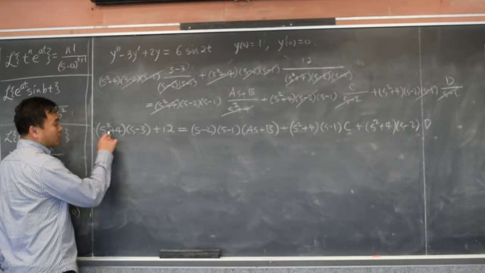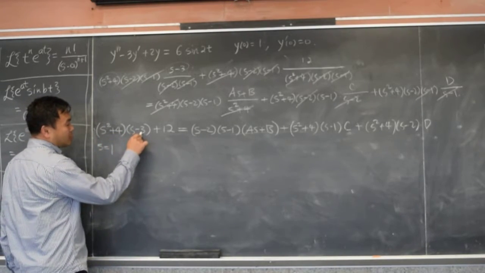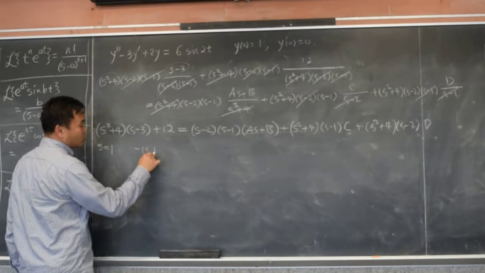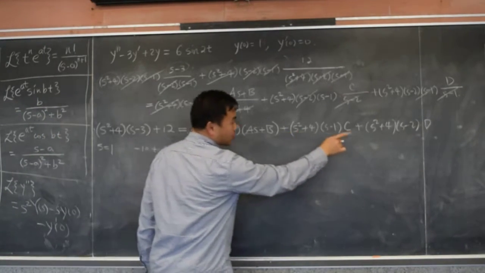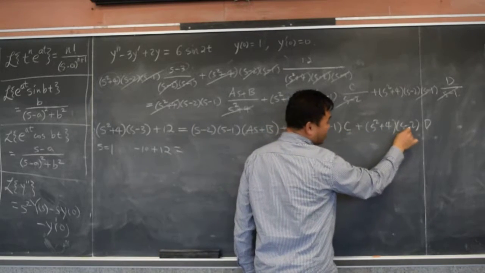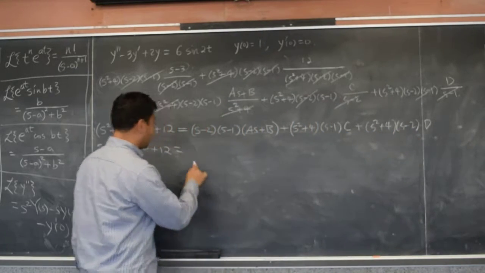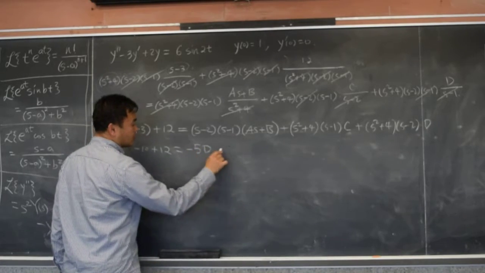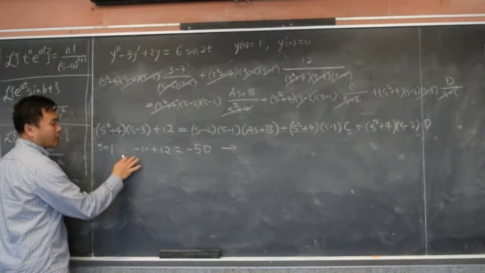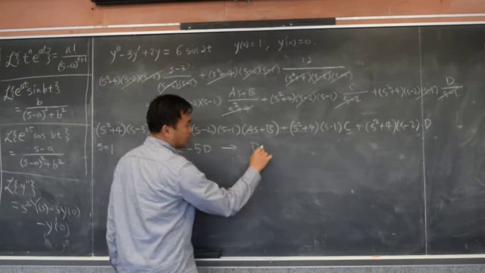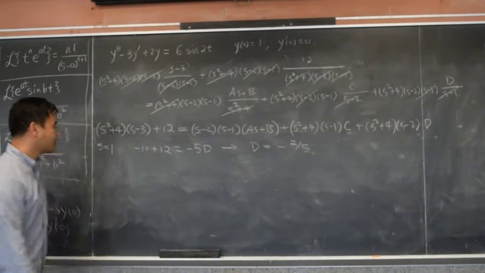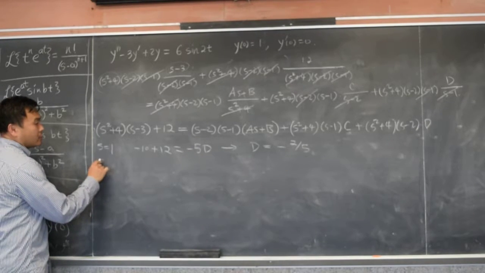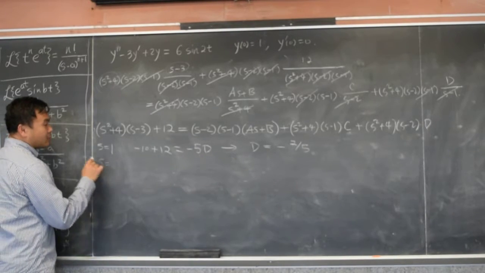If s is 1, 1 plus 4 is 5 times negative 2. That's negative 10 plus 12, which is just 2. This is 0, that's 0. 5 times negative 1, so that's negative 5d. Giving you that d is negative 2 over 5. And then what else should I plug in?